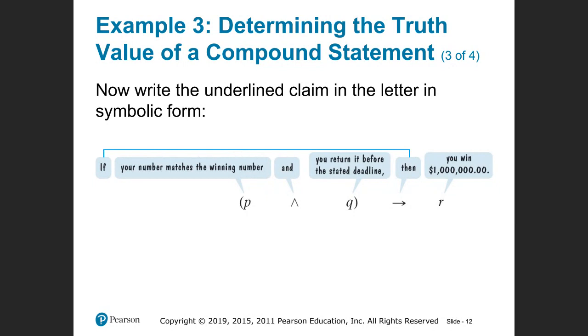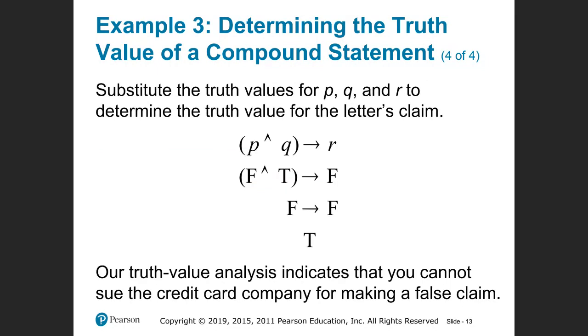Okay, that is all combined, and so we're going to include it in parentheses. We have the then. You win $1 million, which is R. So we are going to substitute the truth values for P, Q, and R to determine the truth value for the letter's claim.